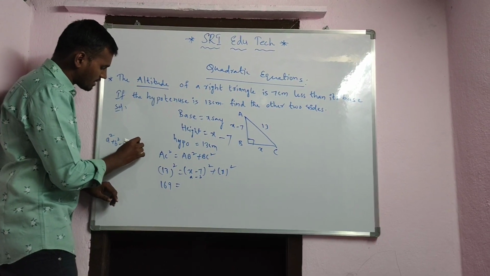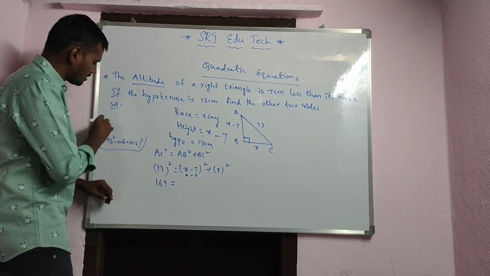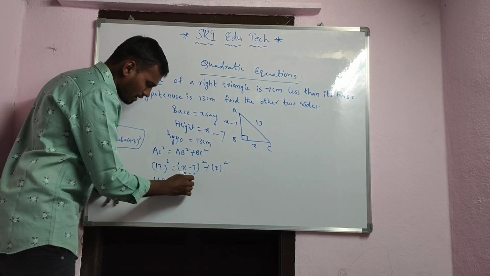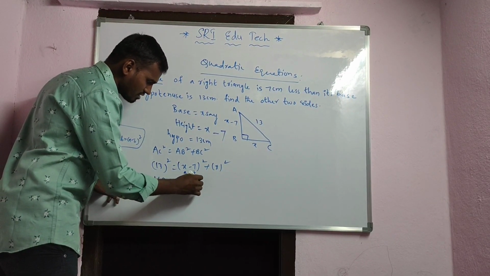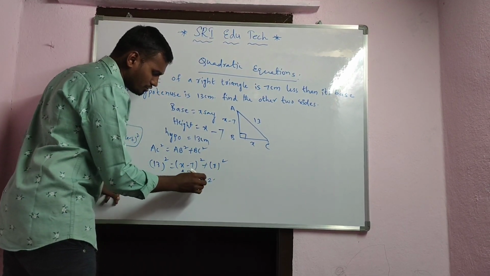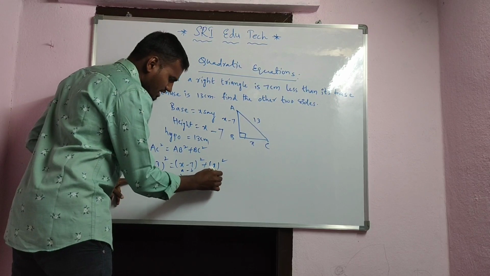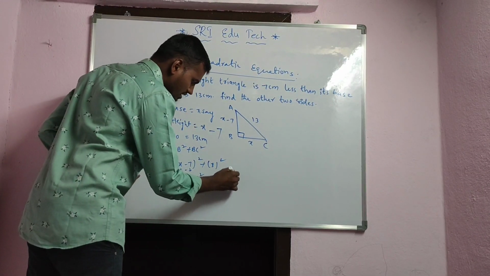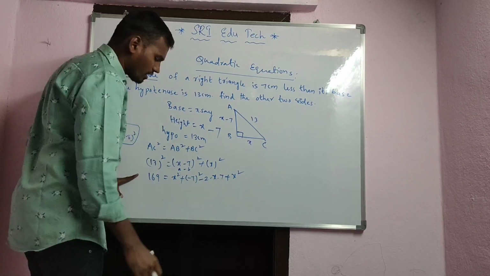Okay, right? See, a square means x square, plus b square means minus 7 whole square, minus 2 into a means x, b means 7, right, plus x square. Okay, right?